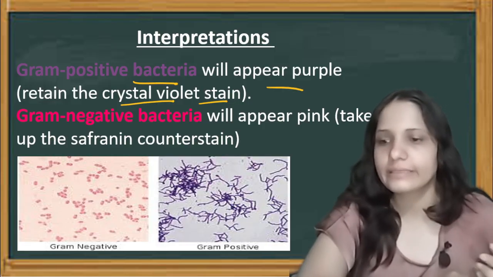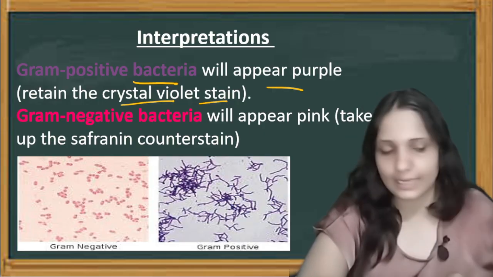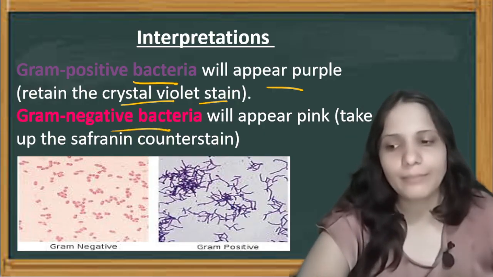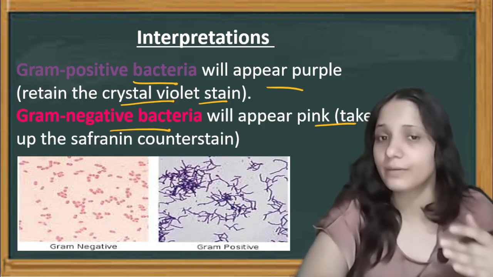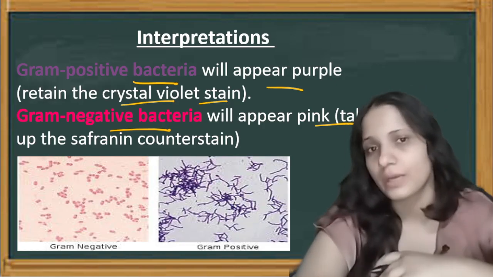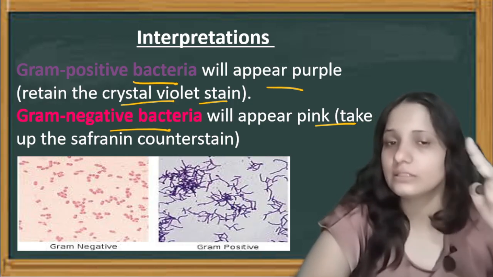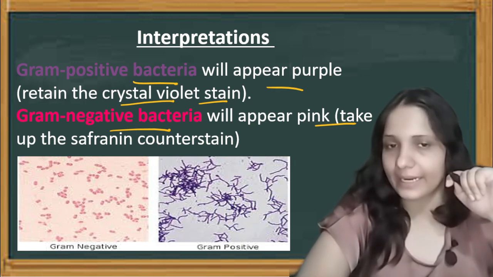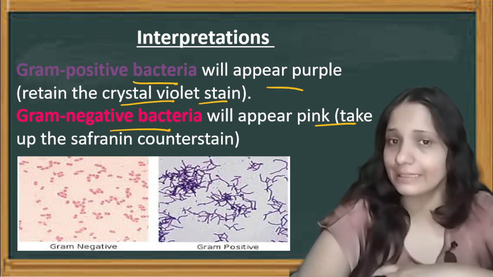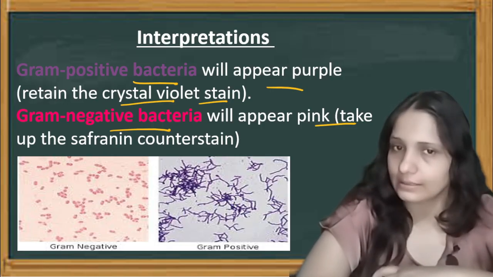So gram positive bacteria retain their primary dye as such, while gram negative bacteria will appear pink in color under the microscope, and the pink dye is the counter stain dye, that counter stain dye is safranin. So gram negative bacteria are stained by safranin, and gram positive bacteria are stained by crystal violet dye.